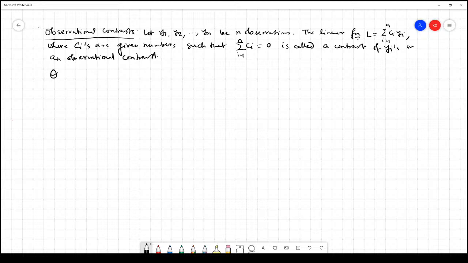Now next definition, orthogonal contrast.